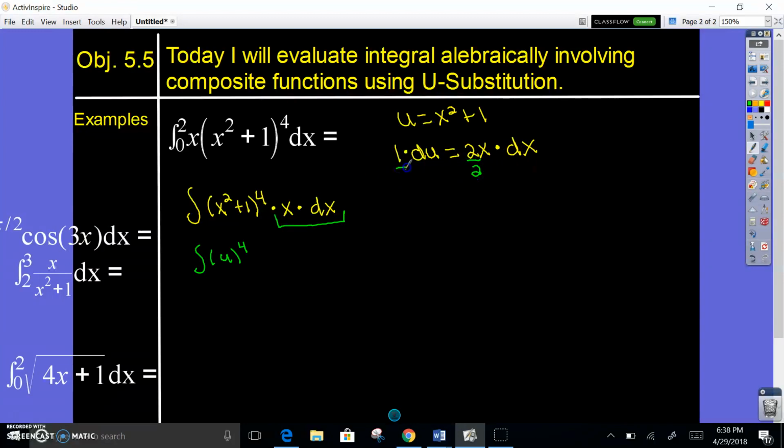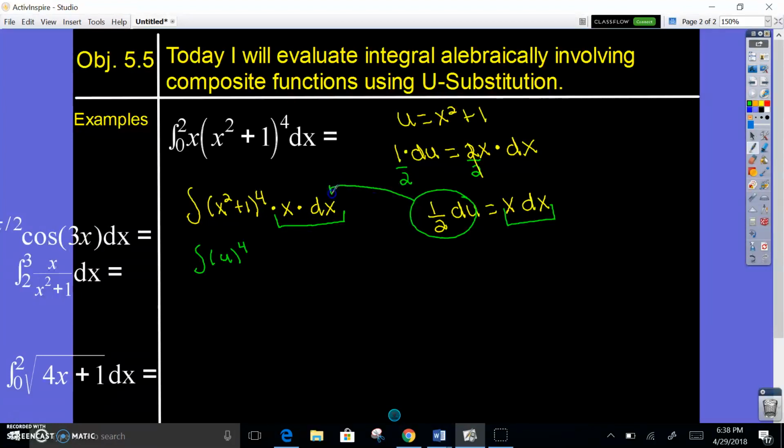We're just going to divide both sides by 2, and I'm going to get 1/2 du equal to x times dx. And I now have x dx exactly as it appears in my expression. So that means x dx is going to get replaced by 1/2 du.